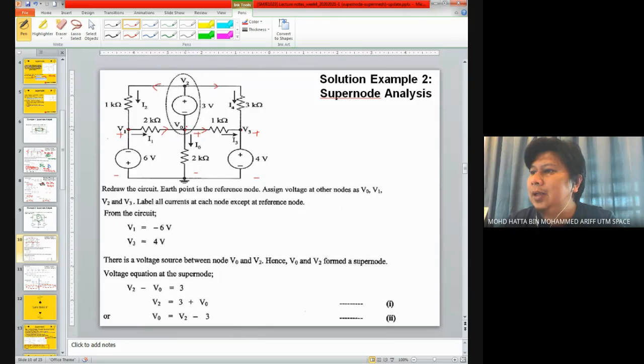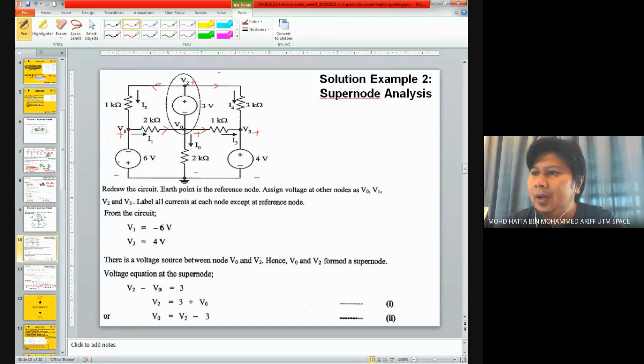And as well as for V2, we have a positive over here, and it is connected towards the negative side. Basically, this is the highest potential. For V1 and V3, looking at the circuit, they are directly connected to a voltage source.